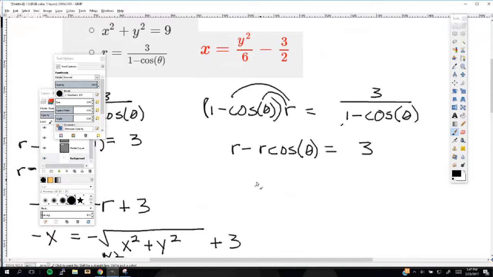Because I feel like this much is right, that you can turn r minus x equals 3.